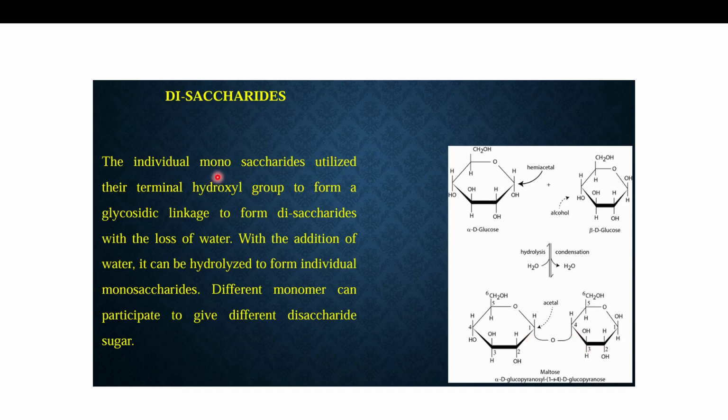Okay. The individual monosaccharides utilize their terminal hydroxyl group to form a glycosidic linkage to form disaccharides, and with the loss of water. With the addition of water, it can again be hydrolyzed to form individual monosaccharides. Different monomers can participate to give different disaccharide sugar. Like here, maltose is formed by the condensation of two glucose molecules. Okay.